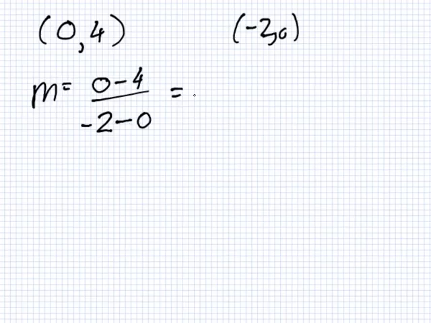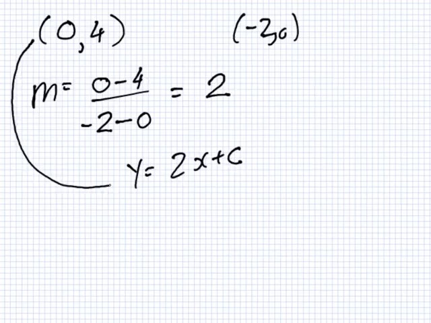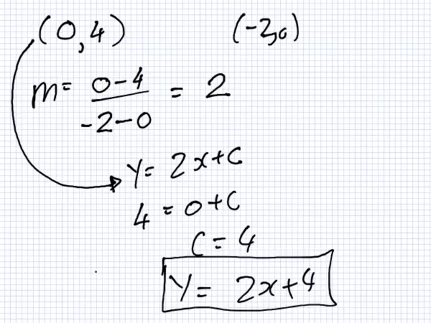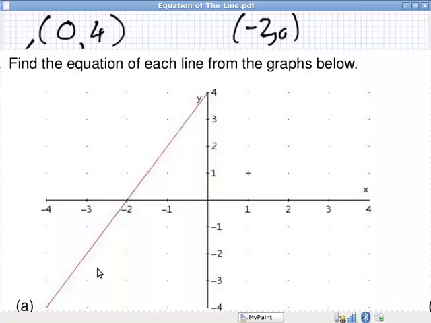So what's this? 2. So you have y equals 2x plus c. I put this in here, and I get 4 equals 0 plus c, so c equals 4. So my answer is y equals 2x plus 4 then. Yeah? Okay, let's see.